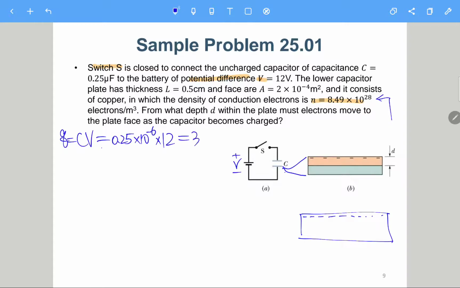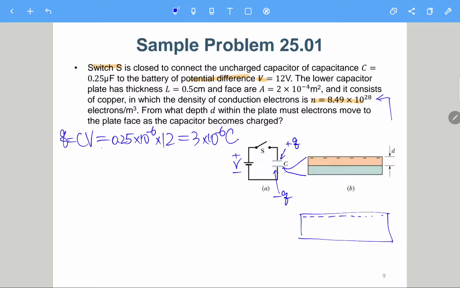So this is 3 times 10 to the minus 6 coulomb. This is the total charge on the plate. So there will be a positive Q on the top plate, and then negative Q on the bottom plate.